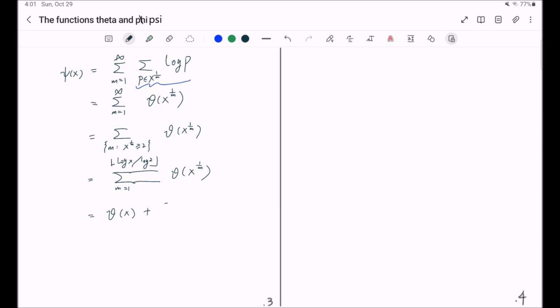And the other part is the summation from m equal to 2 to the floor of log of x divided by log of 2 of theta of x to 1 over m. So this second part is less than or equal to log of x divided by log of 2 times the estimate we just got, which is square root of x times log of x.